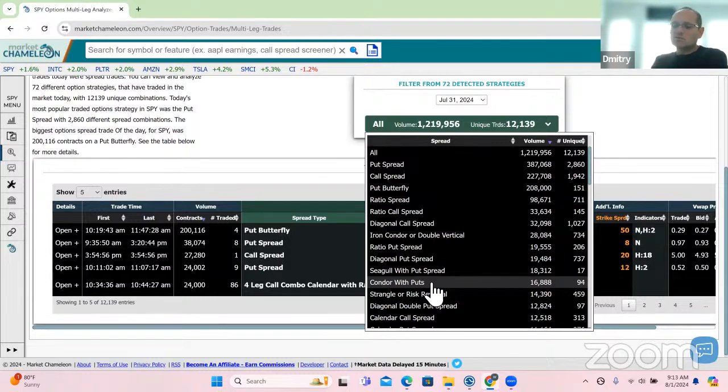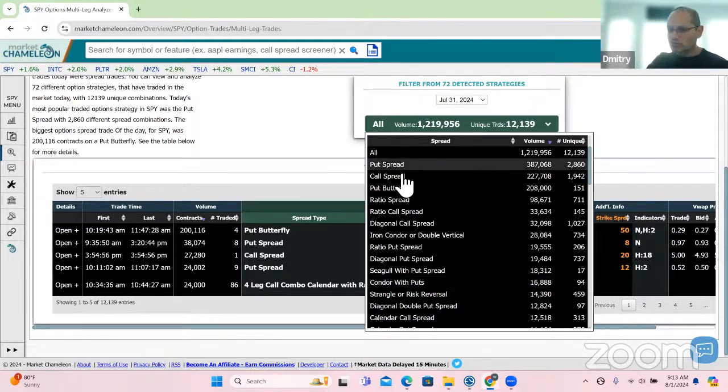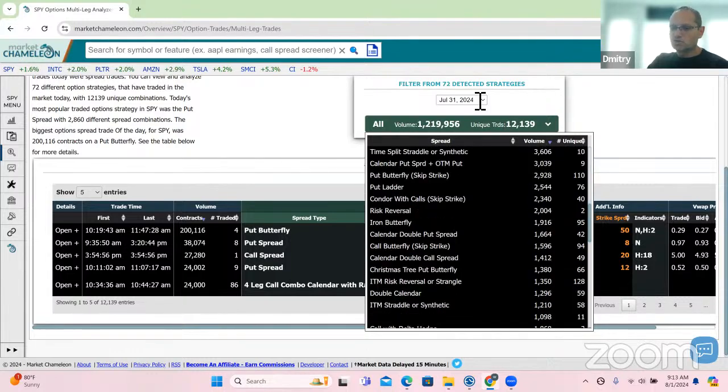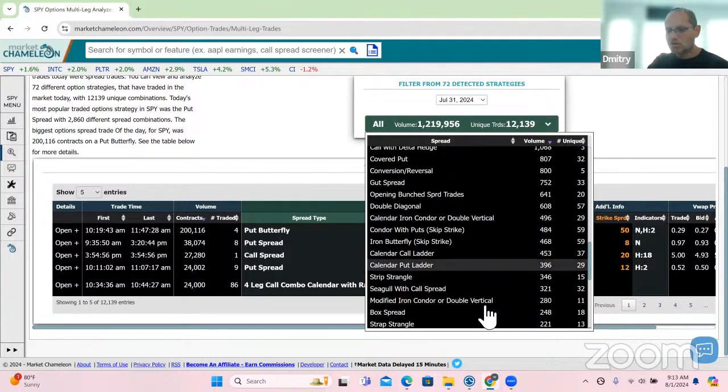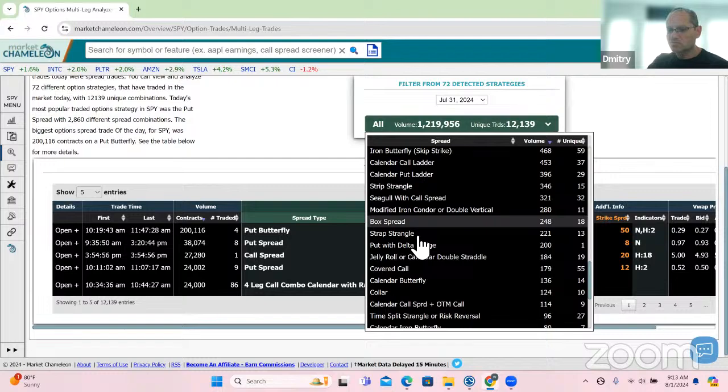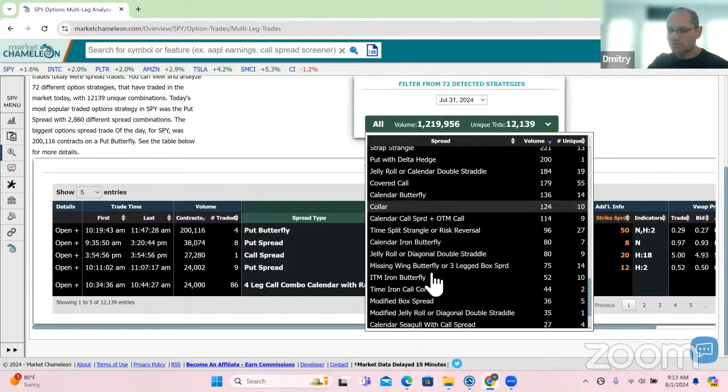So we're trying to filter for the strategies that exist out there and that you could read about. And you could see here, put spread, call spread, put butterfly. Just in SPY, we identified 72 potential strategies. Okay. Box, spread, strap, all these.